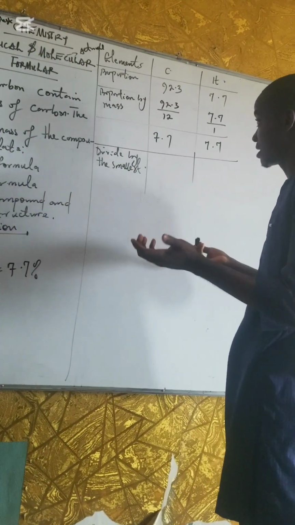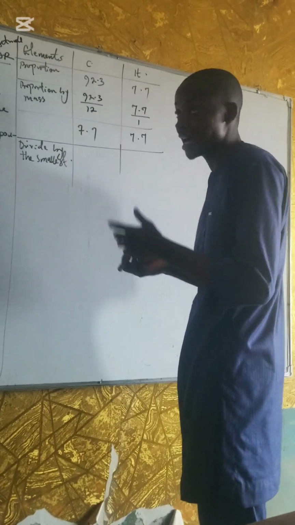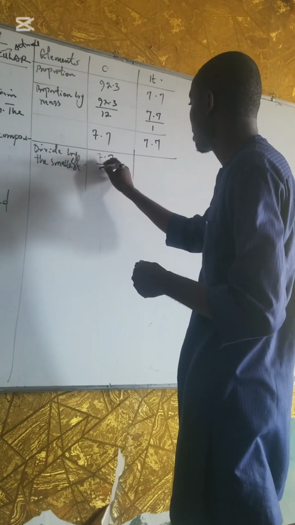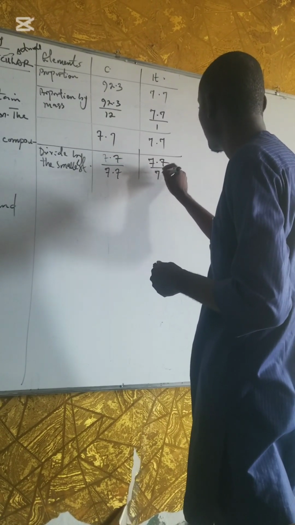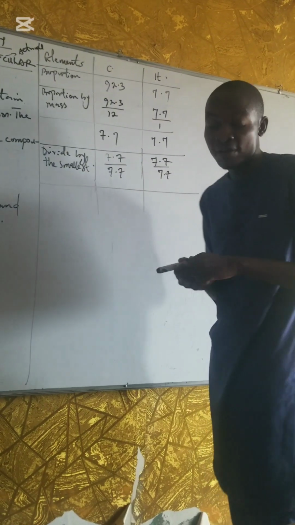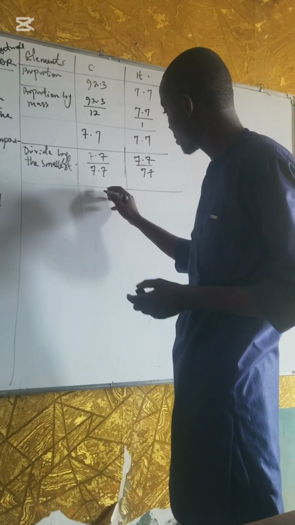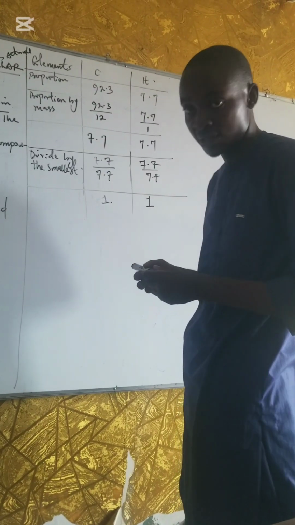So we can say that any of them is the smallest. So let's divide everything by 7.7. 7.7 divided by 7.7, 7.7 divided by 7.7, and then we are going to arrive at the simplest ratio. 7.7 divided by 7.7 is 1, and again 1.